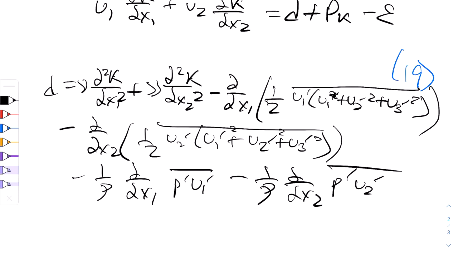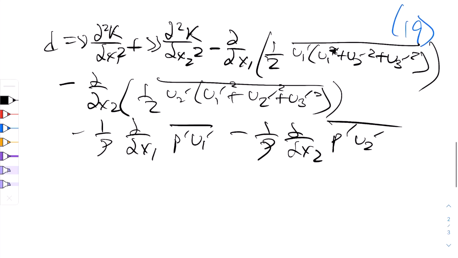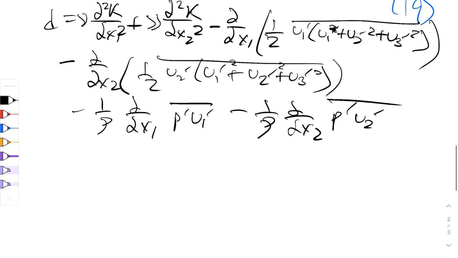And you notice, of course, there's no ∂/∂x_3. So that's D.